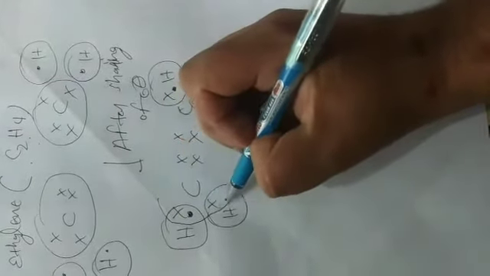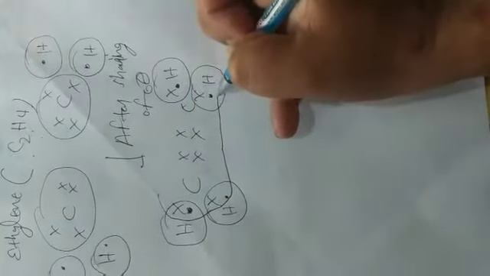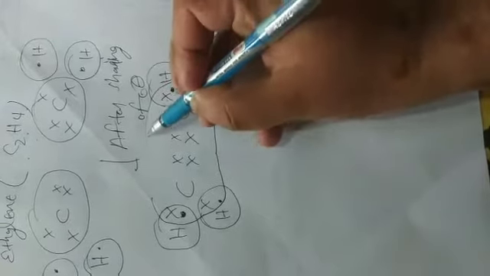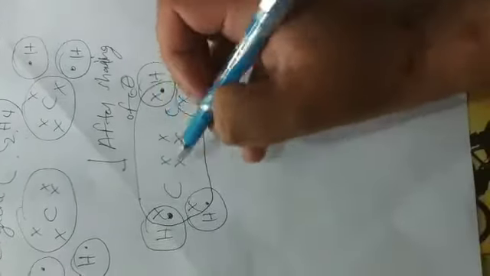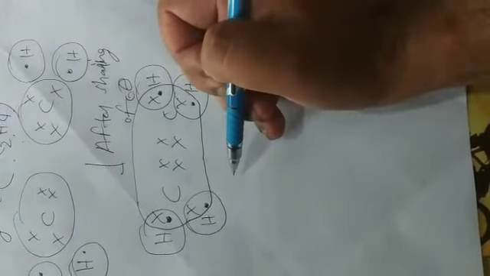This is the 8 electrons: 1, 2, 3, 4, 5, 6, 7, 8.